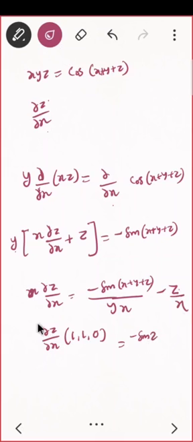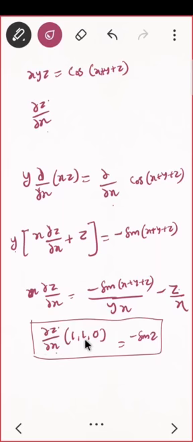Okay, but suppose in the question they are asking ∂z/∂x in general, then you have to use the same technique: you have to define F, that is xyz minus cos of (x plus y plus z). Then what next? You have to find ∂F/∂x, and what is the formula?